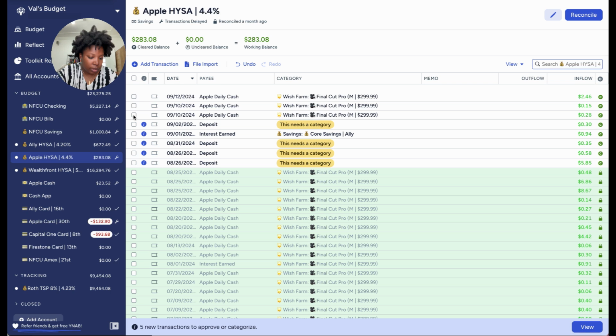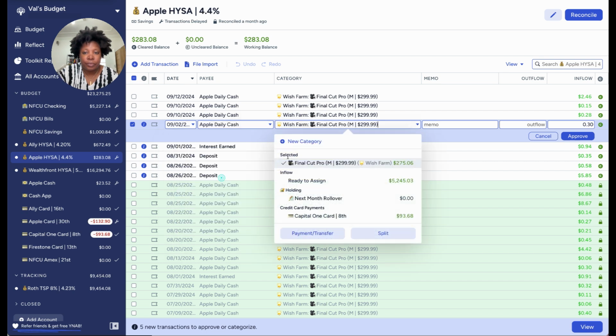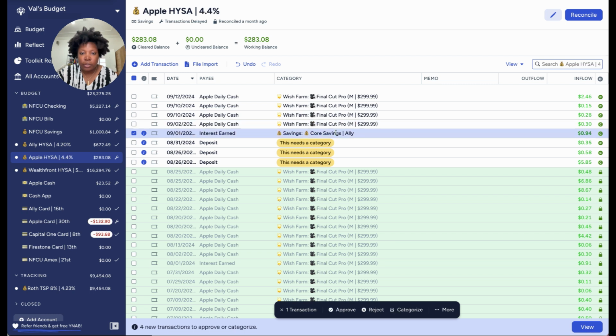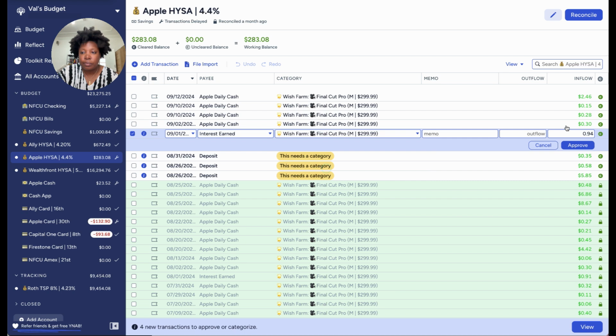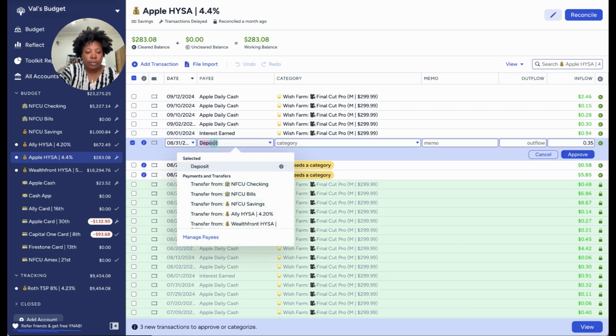So the next one is 30 cents on the 2nd, which matches here. Then we have interest paid for the month. For September 4th, we have 94 cents. Interest earned. This goes to Final Cuts. Okay, before that, on the 31st, we have 35 cents for daily cash, which matches.